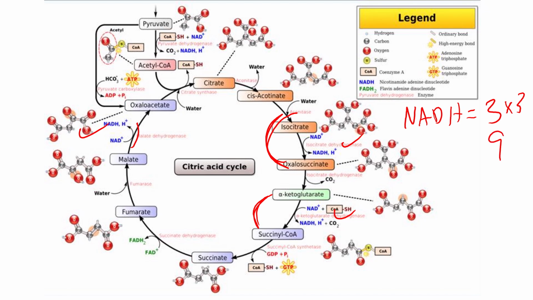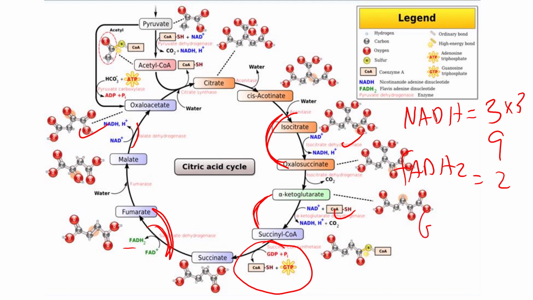We have an FADH2 between succinyl-CoA and fumarate. FADH2 makes 2 ATPs. And now we have a GTP between succinyl-CoA and succinate. GTP is ATP. It's just a different currency. If you want to say Canada has its dollar, America has its dollar, they're both dollars, different currency.